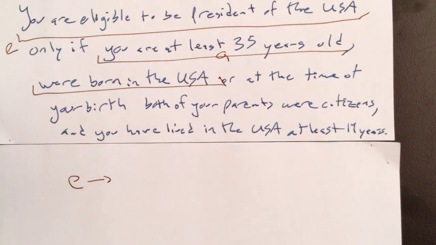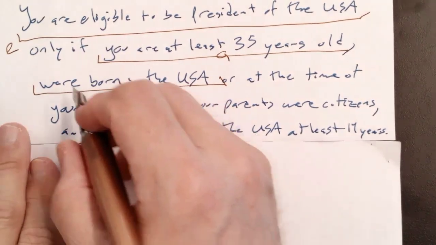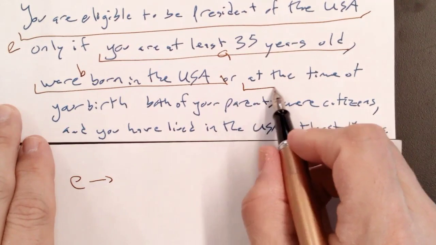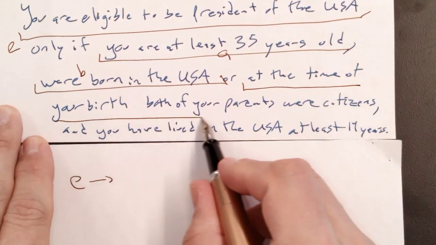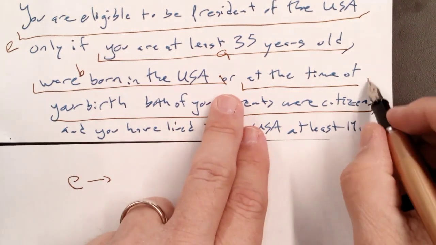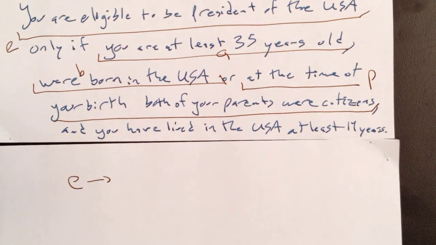This clause, no noun. That sentence, no verb. This clause, no noun, because this clause is still referring to you. Okay? Born, B. Or, I got an or, so I know that that hangs together. At the time of your birth, your parents were citizens. This is about your parents. Great. Comma.